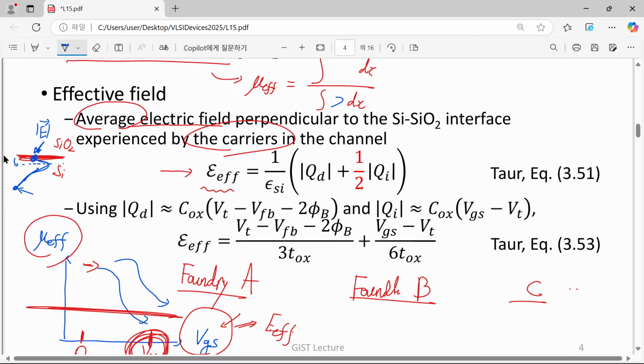Which one has a higher electric field and which one has a lower electric field? Of course, everybody knows that since there is a gate terminal, there is a strong electric field. So we can expect that we have a maximum electric field at the silicon dioxide interface. Here we have a maximum electric field.